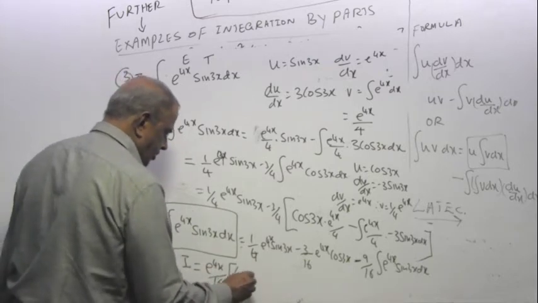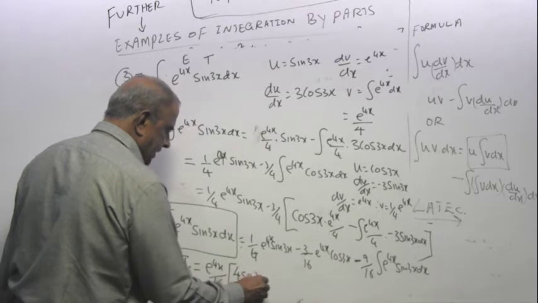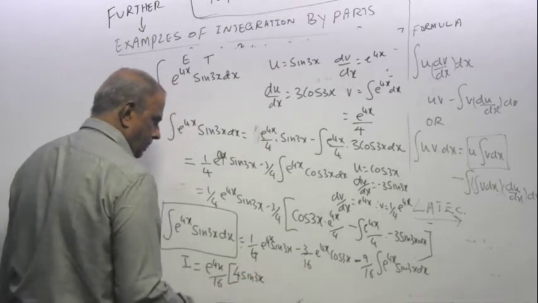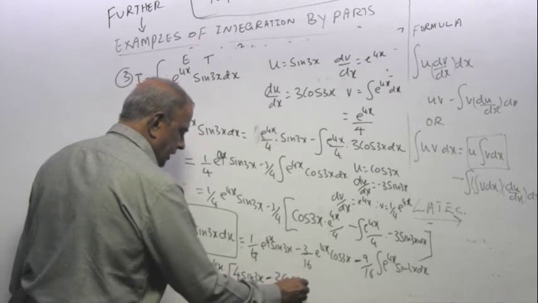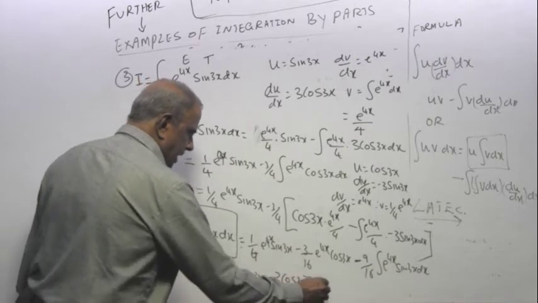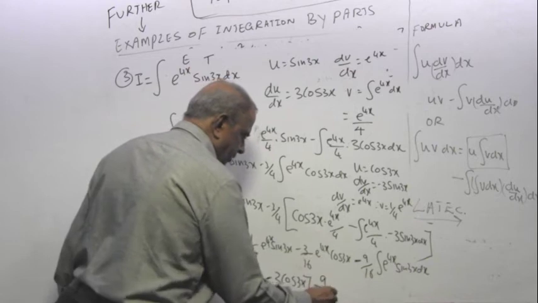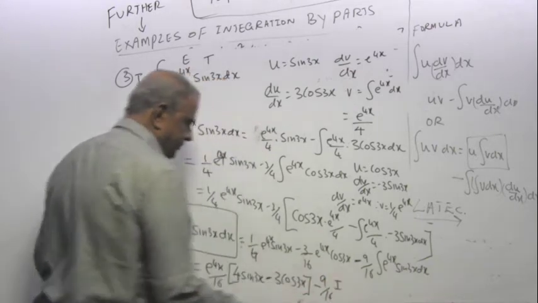I get 4 sine 3x minus 3 cos 3x minus 9 over 16 I.